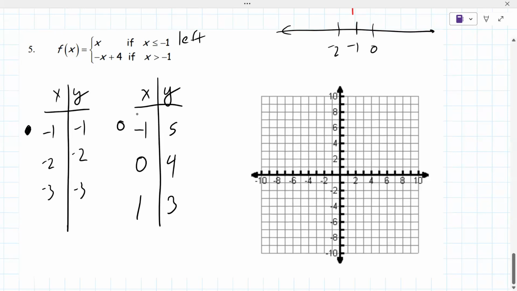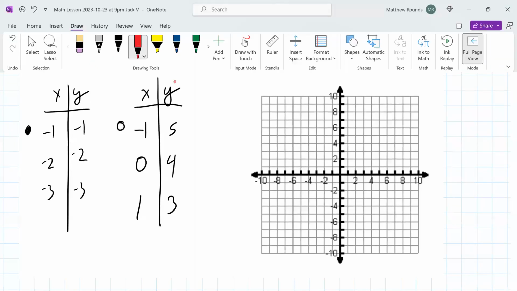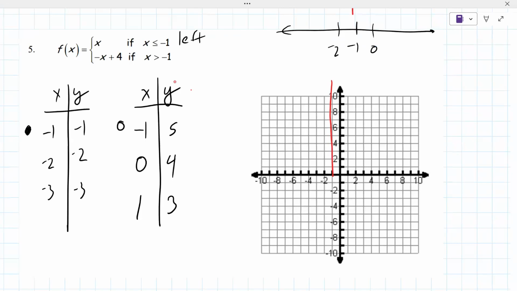Very good. Again, there's a division at -1. There's the left part, there's the right part. If I were in a classroom, I'd make you fold your paper. I'd have you cut the graphs to really emphasize this, but we don't have that here. But go ahead and try graphing this, and then I'll graph on my side, and you can compare.